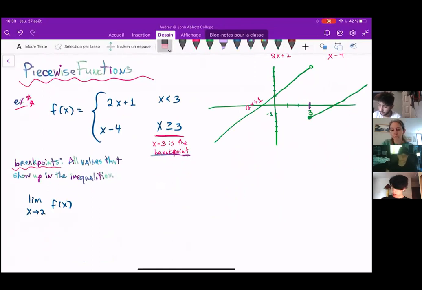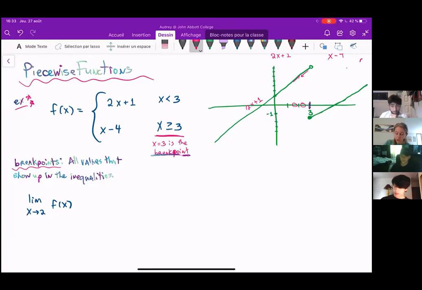I'm going to start off by doing this on the graph. If I go to a graph, do I look at 2 exactly, or do I go to the left and right of 2? Do I just say, here's 2, there's the value, or do I say, let's look at the left and the right and see what happens on our way there? Look at the left and right. I'm looking at the left side of 2 and the right side of 2.